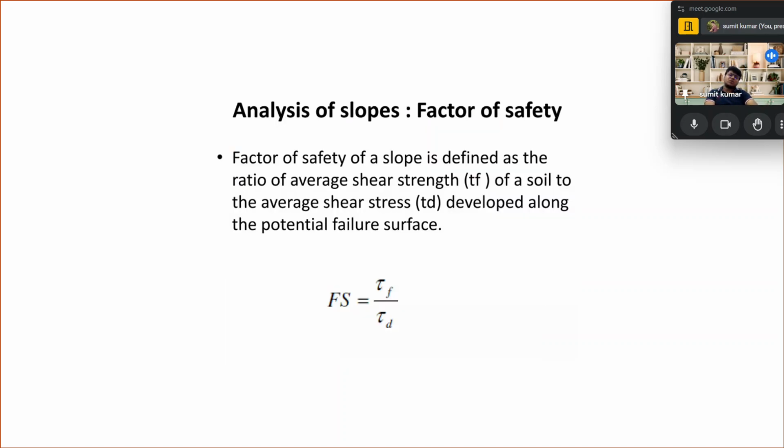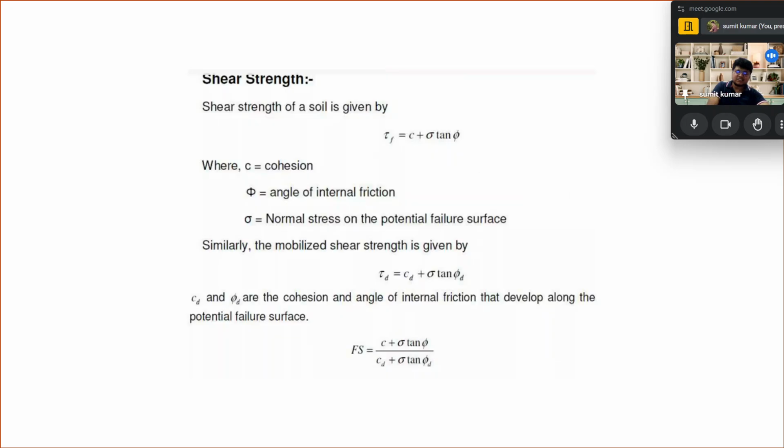Now we talk about the analysis of the slope, or the factor of safety. The factor of safety of a slope is defined as the ratio of the average shear strength of the soil to the average shear stress developed along the potential failure surface. Fs is said to be tau f by tau d, where tau f is the average shear strength and tau d is the average shear stress which is developing along the potential failure surface.